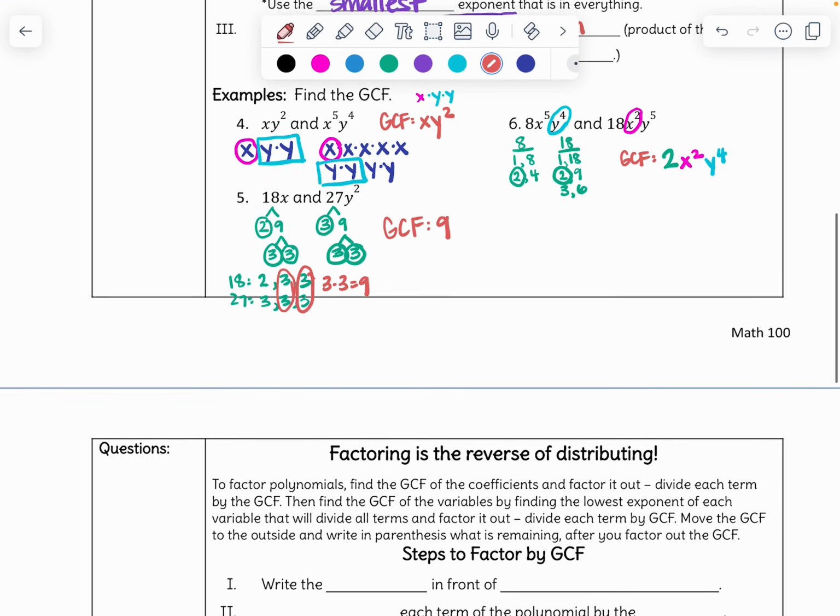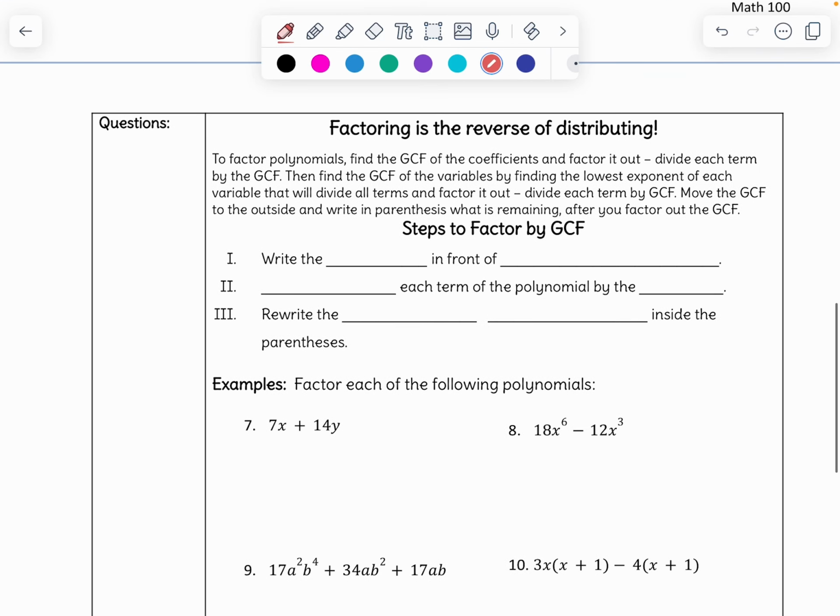Now that we know how to find the greatest common factor, we need to learn how to find that and then factor the polynomials. So we're going to be putting together what we just learned and what we learned yesterday, dividing by monomials. To factor polynomials, find the greatest common factor of the coefficients and factor it out.